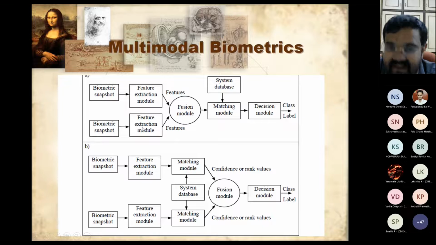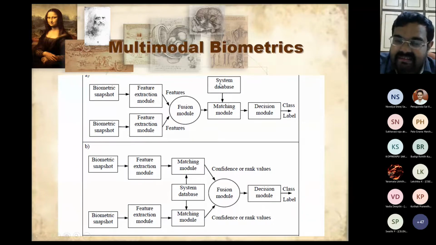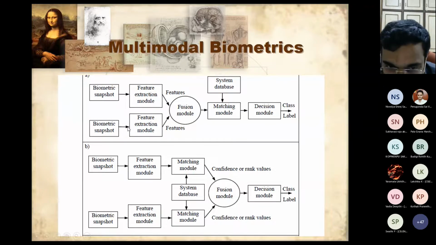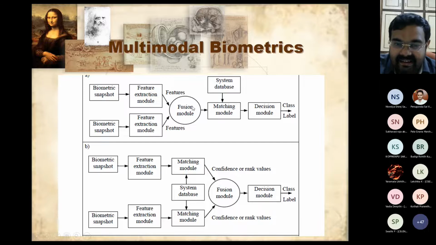The fusion module combines the features from both the biometrics and then stores them in the database. The second time you give your biometric, the same thing happens: the features are extracted, fused, and then you do a matching. So this is one level of fusion.